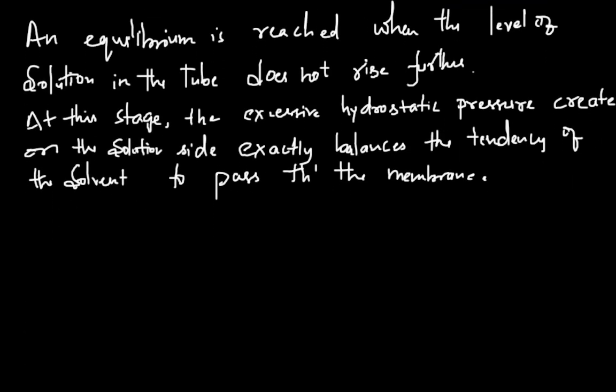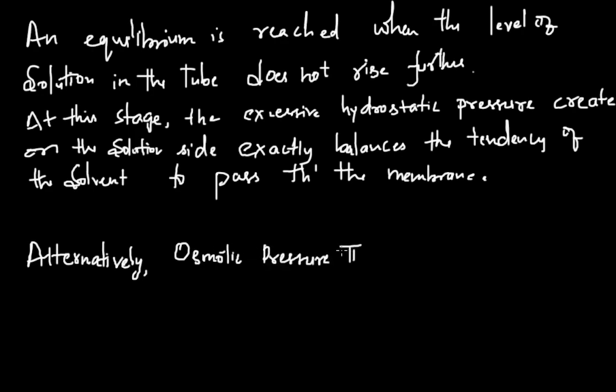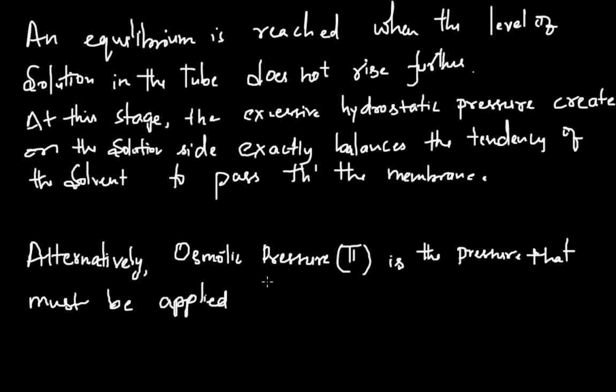Now, alternatively, I'll define that pi as a new pressure called osmotic pressure. Pi is the pressure that must be applied to the solution to stop the influx of the solvent.